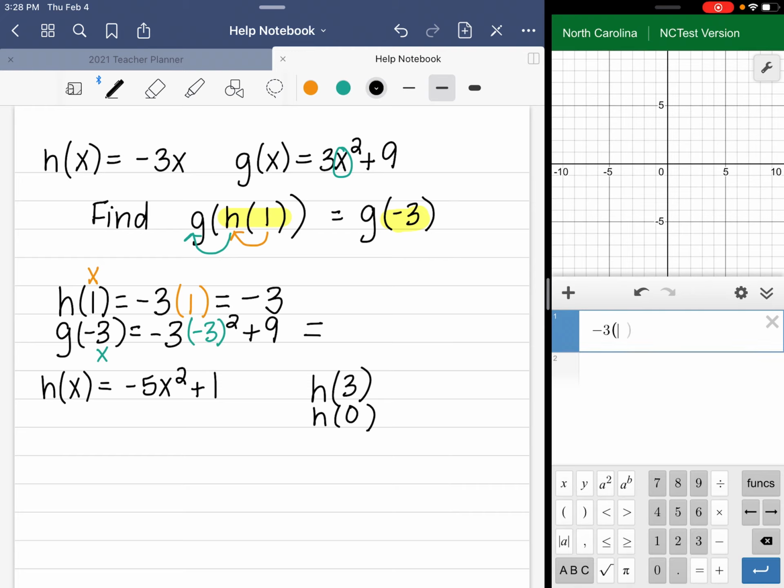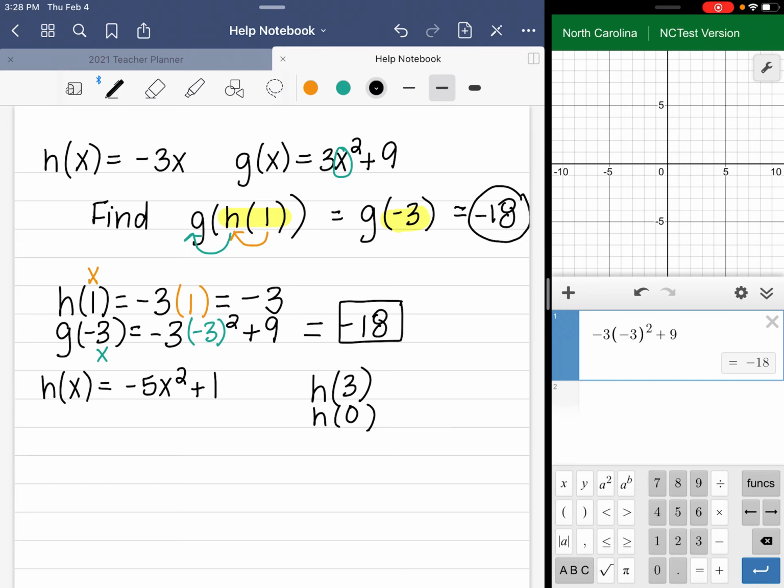Make sure when you are squaring a value that you put parentheses around it, because that can drastically change your numbers. If you don't, it'll do the evaluation wrong. And you're going to get -18. -18 is my final output, which is what my composition was.